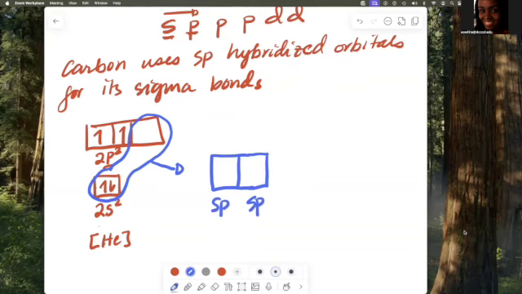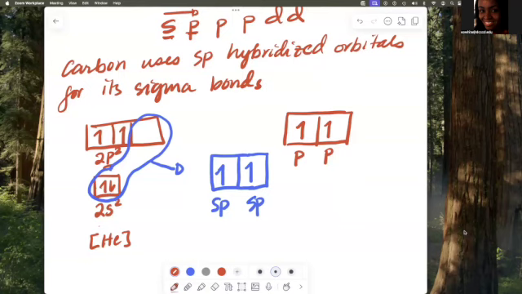But this time I have 2 electrons to distribute here, right? They go up, up according to Hund's rule. And then the remaining unhybridized p orbitals end up here. And this will each be called the p orbital. These will have unpaired electrons here.